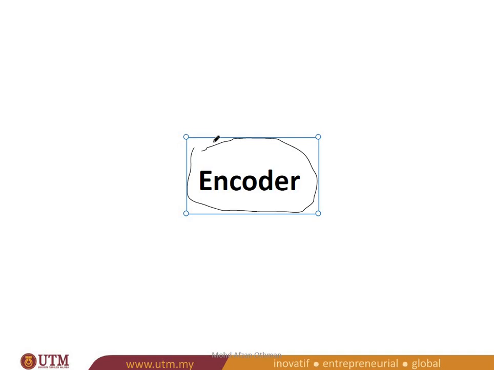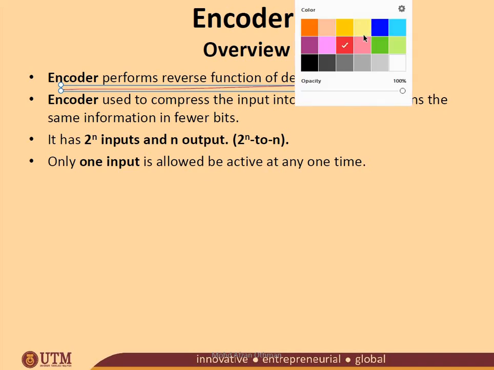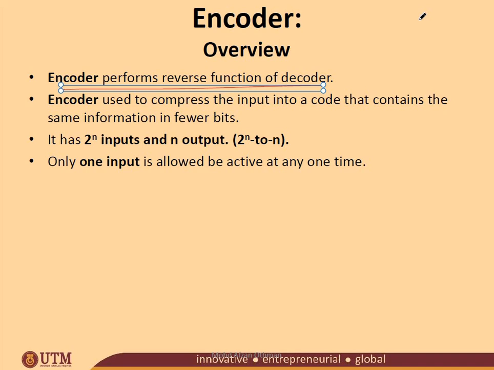So, the encoder overview: an encoder performs the reverse function of a decoder, just like how a demultiplexer performs the reverse function of a multiplexer.